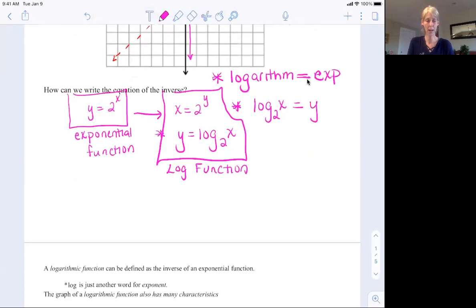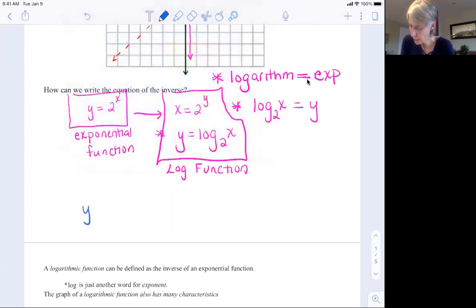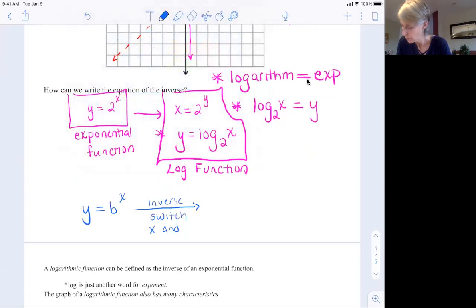So one more time, we're going to put it in a more general form. If I start with y equals b raised to the x power, and I take the inverse, in other words, I switch x and y, the result is x equals b to the y, or y equals log base b of x.